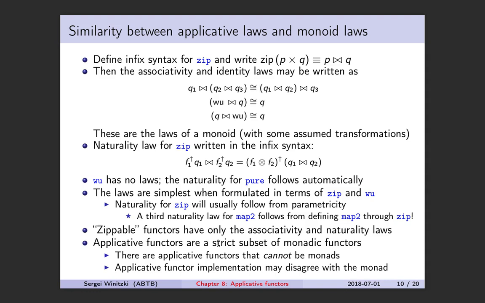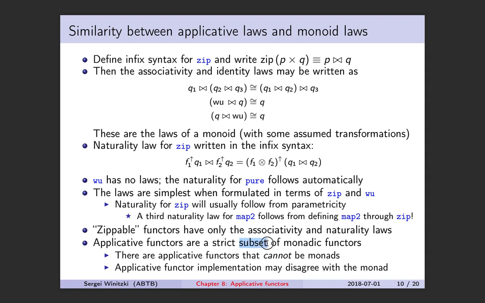If we define map2 through the monad construction, then we will automatically satisfy all applicative laws, since those laws were motivated from monadic laws. But there are some applicative functors that cannot be monads, and so actually all monadic functors are applicative, but not vice versa.